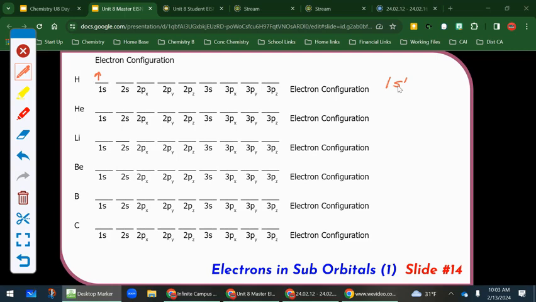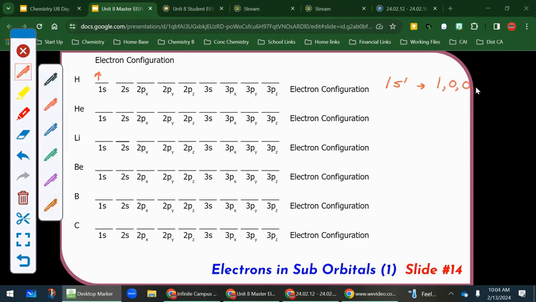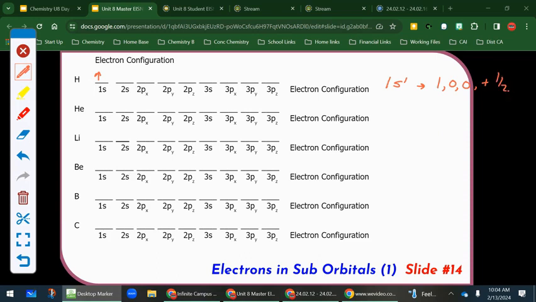Now, that is a lot better than having to write out this, ladies and gentlemen. 1, 0, 0, and then a number. Does anybody remember what numbers we used to represent the spins? We also could do +1/2.